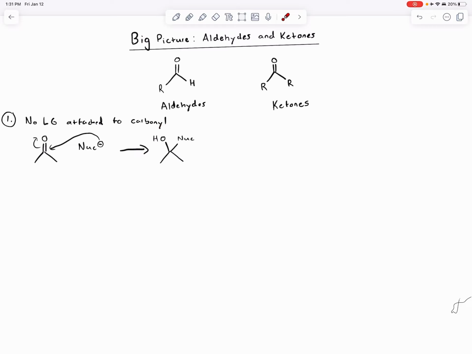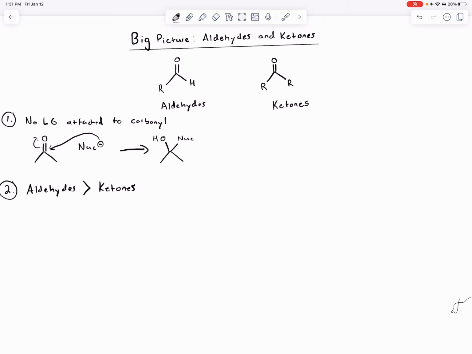So that's big picture thing one. Big picture thing two that I want you to keep in mind, and this is really, really important: aldehydes are more reactive than ketones. Let's explain why really quickly.